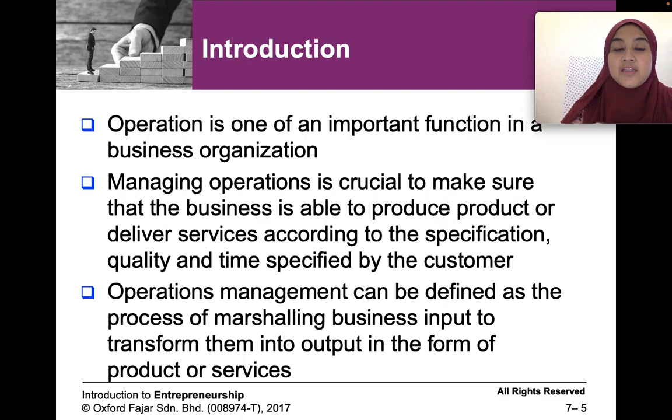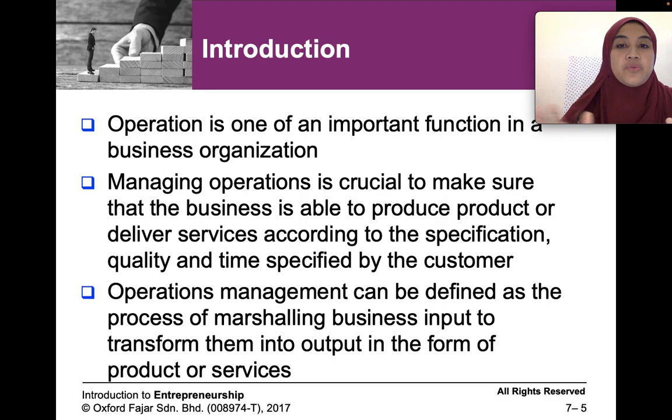So now it is time for us to start to run the operation, to start to run the manufacturing process, which is to transform the raw material to become the output, to become our product.